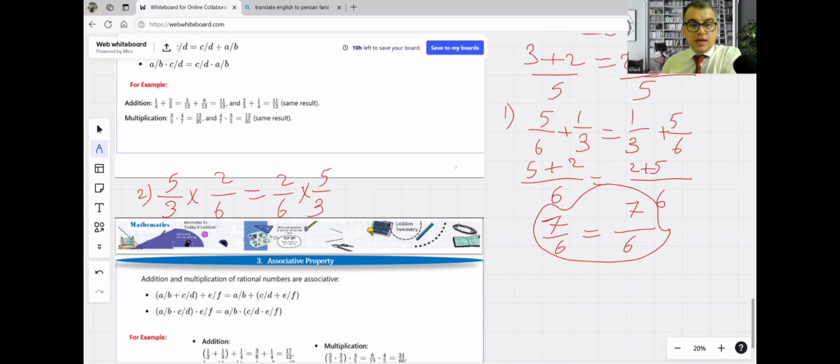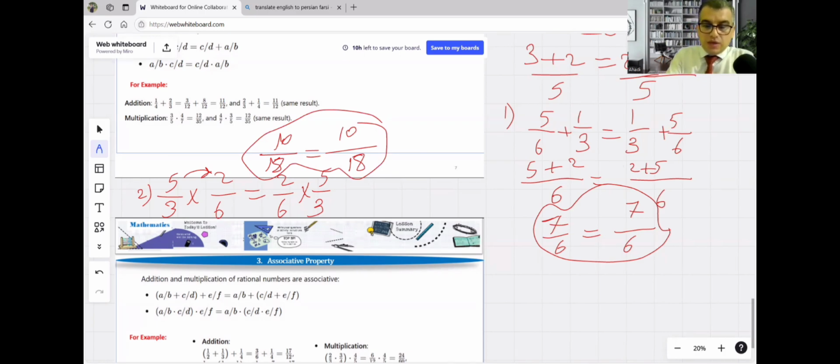On the left side, we multiply the numerators and the denominators. 5 times 2 is 10, by 18. On the right side, 2 times 5 is 10, and 6 times 3 is 18. Again, we got the same result on both sides.